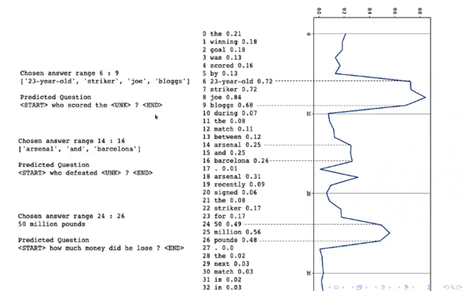Basically, the network predicts that the word that should go here is not part of the vocabulary that it was trained on. In this example here at the bottom, you can see a sequence where it didn't have a prediction for an out of vocabulary word. So it predicted the question, how much money did he lose? And the answer, 50 million pounds.